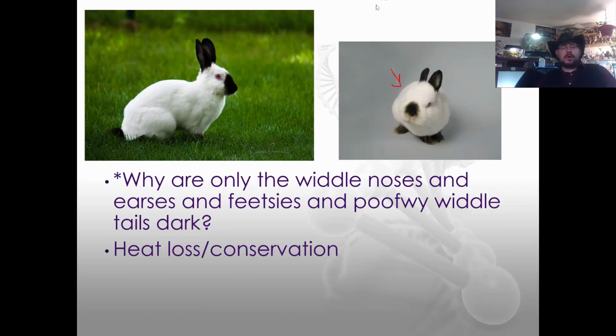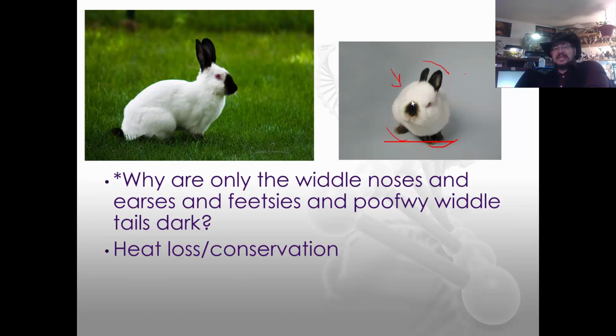Dark colors absorb and retain heat. So these Himalayan rabbits have these dark points to absorb and retain heat, to limit the loss of heat from their bodies due to cold.